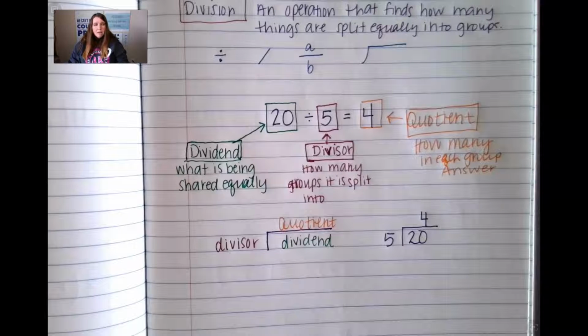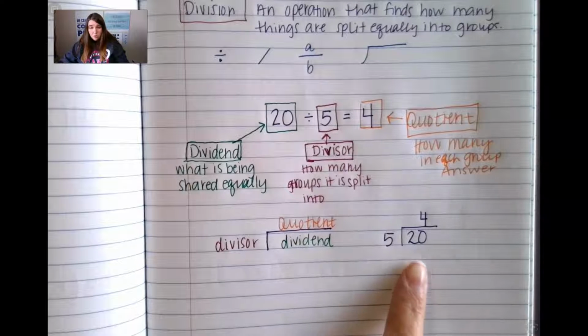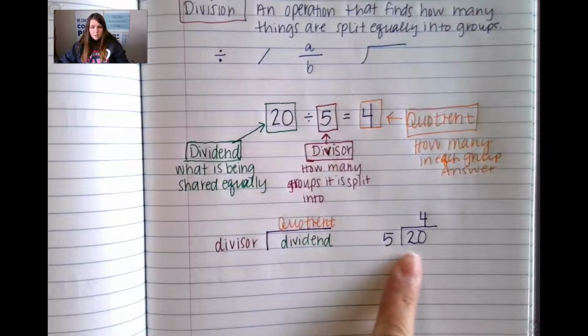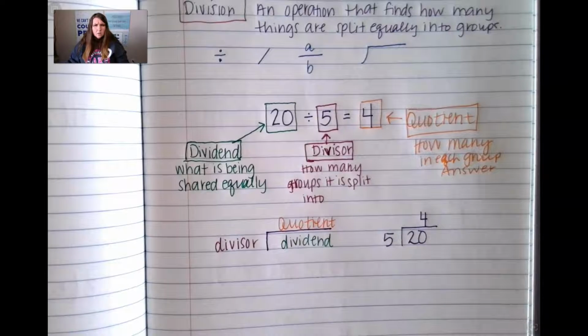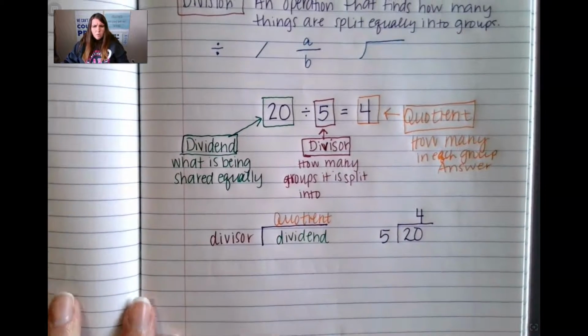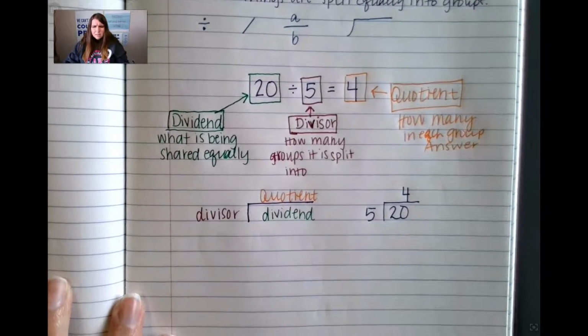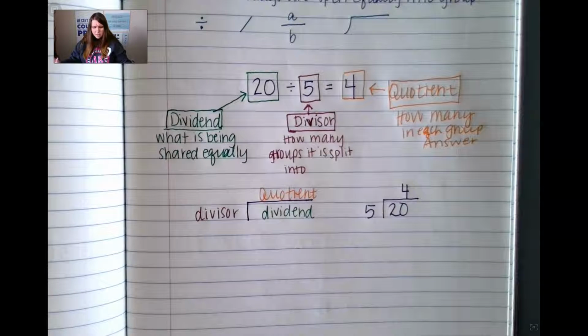Okay, so there's a little bit of backstory for you around division. Division is really all about splitting things up into equal groups. So let's talk about what exactly that looks like when you have this L on its side, because I know a lot of you are really confused about what happens when you have this L looking thing.